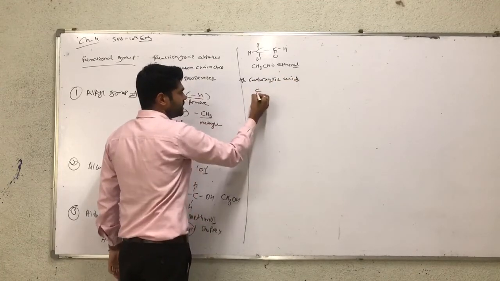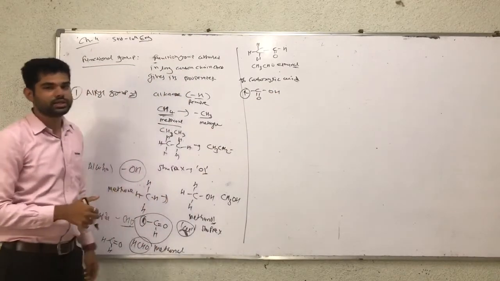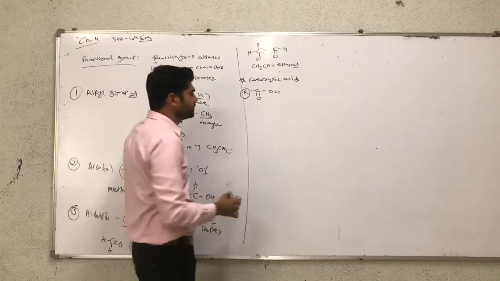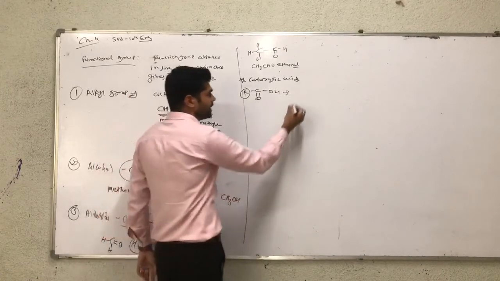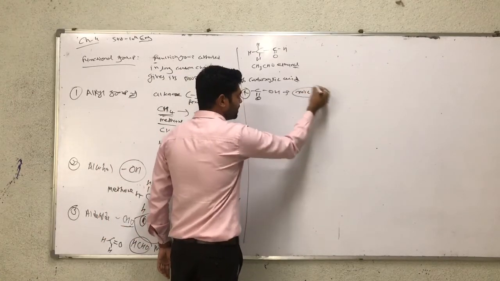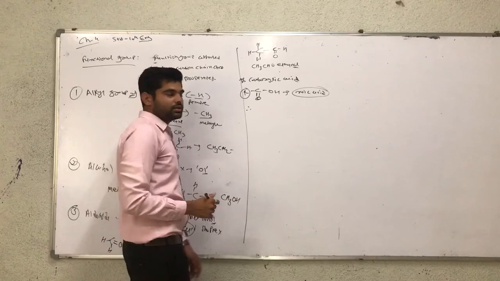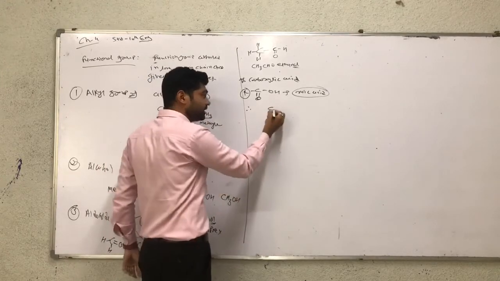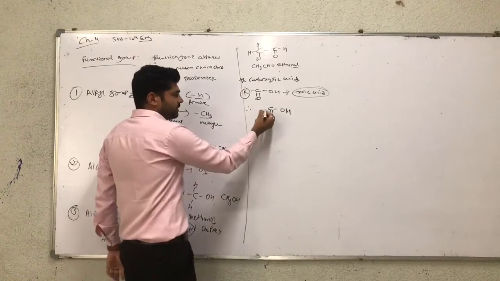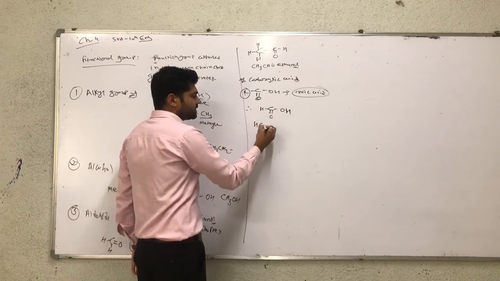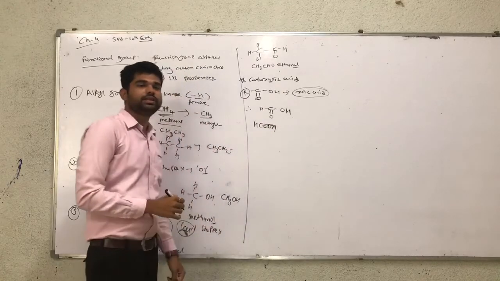Next is carboxylic acid. Carboxylic acid means C double bond O OH, and here R means connected with a hydrocarbon chain, any alkyl group. The suffix is noic acid, included in the last. So an example of one carbon carboxylic acid: one carbon double bond with O, single bond with OH, and single bond with H. This means HCOOH, an example of methanoic acid.